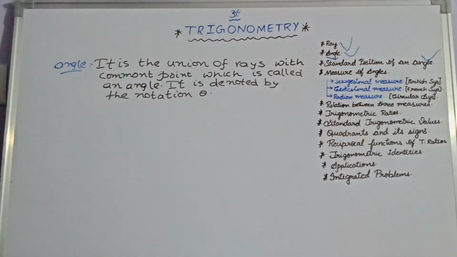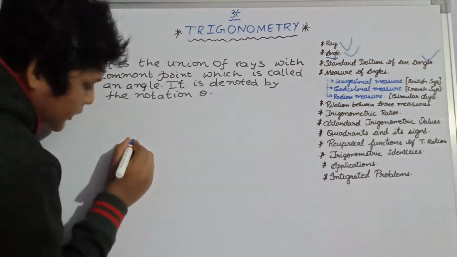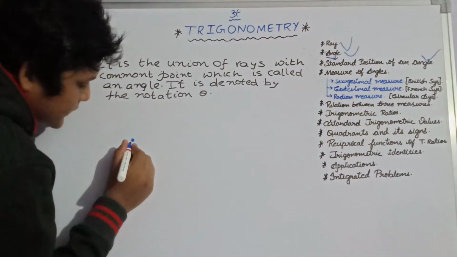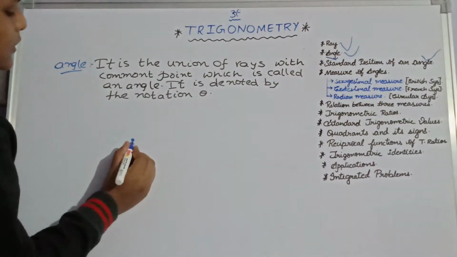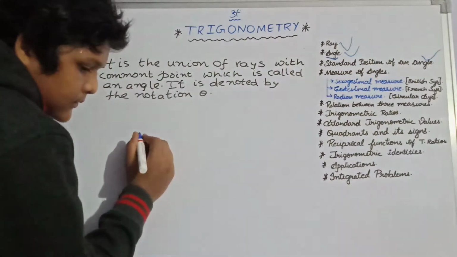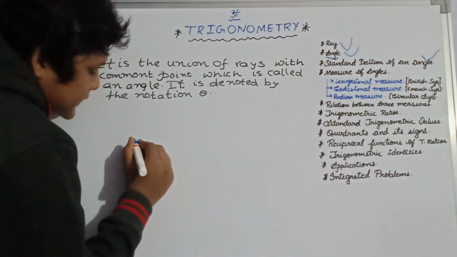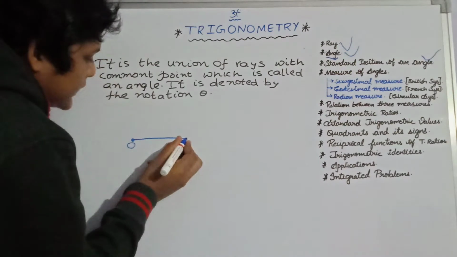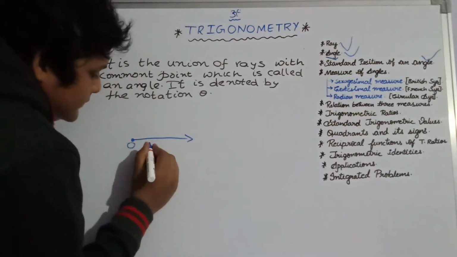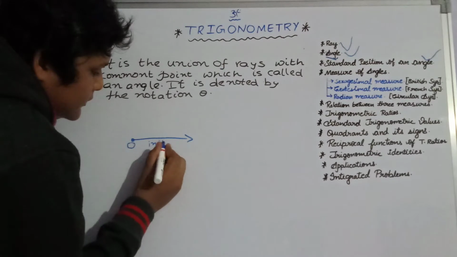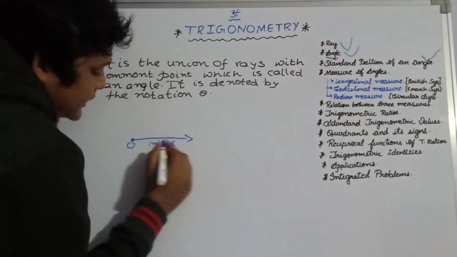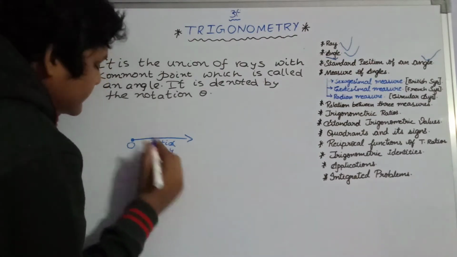Okay, we will take two rays now. This is the common initial point which we took before as O. This is known as the initial ray.